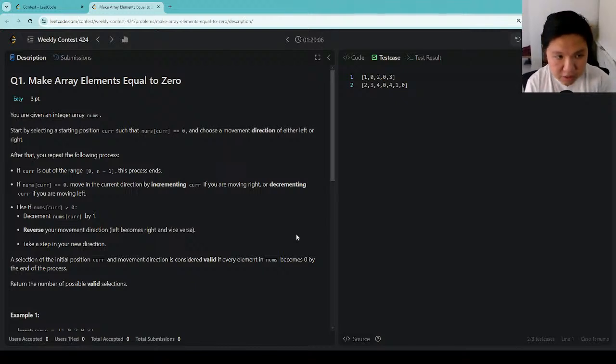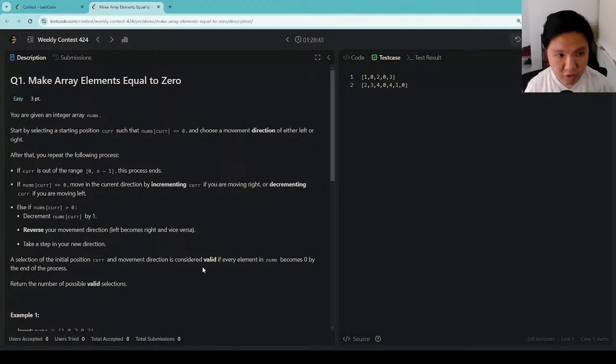Else, if nums[cur] is larger than 0, decrease nums[cur] by 1. Okay, this is an English comprehension question. This question is not even programming, man. This is just straight up English comprehension.